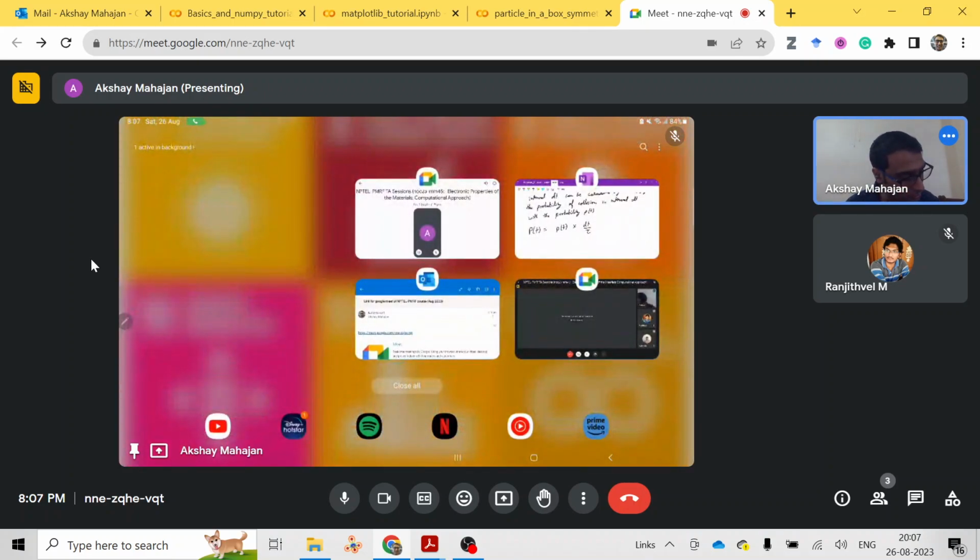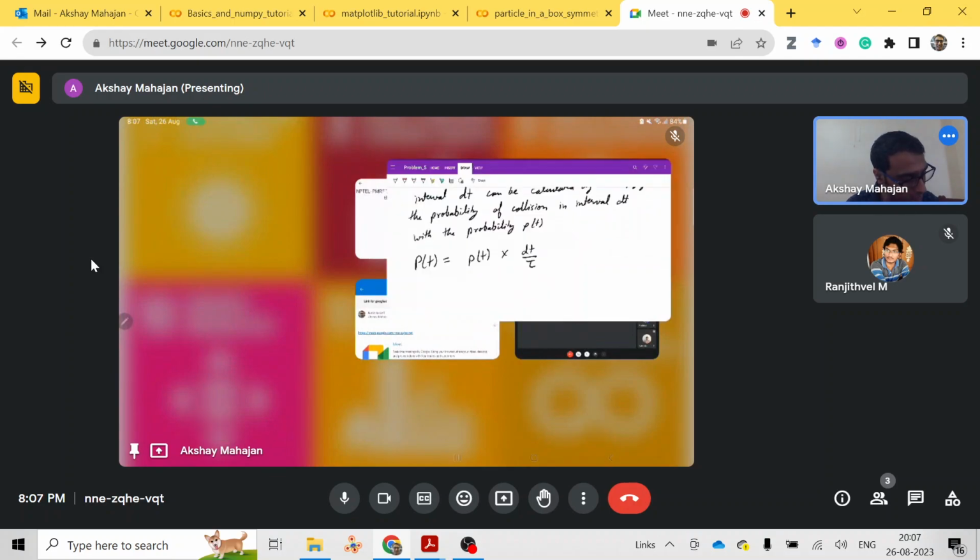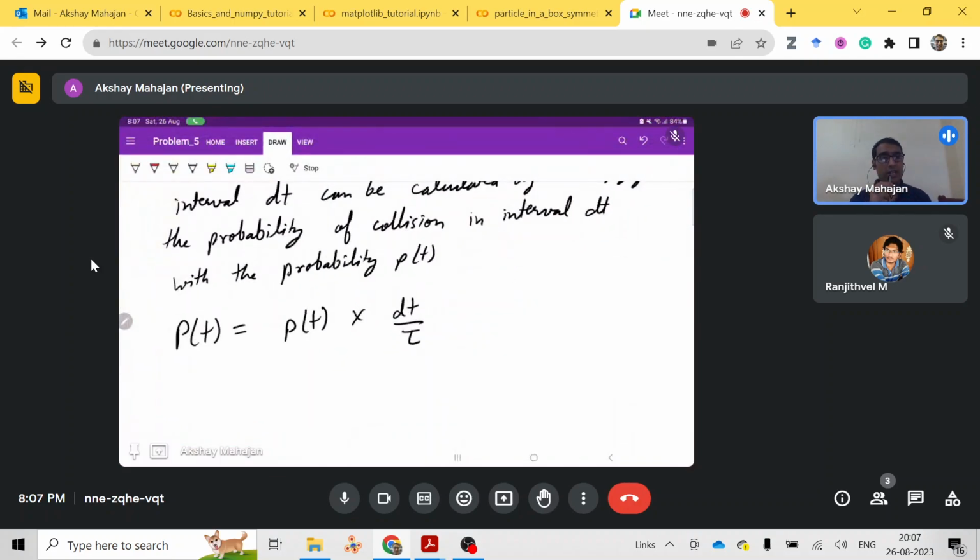Drude's model. From Drude's model we know that the probability that a collision happens in time interval dt is dt by tau, and so the probability that there will be no collision from 0 to t and then a collision in interval dt is given by p of t times dt by tau.